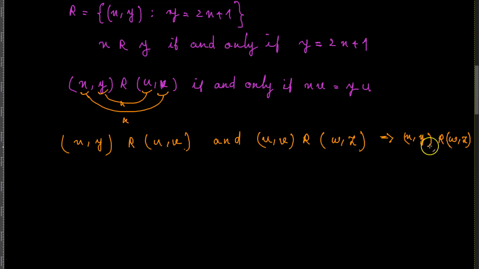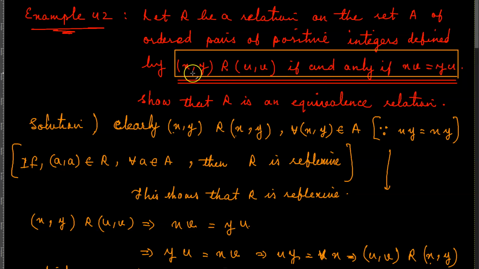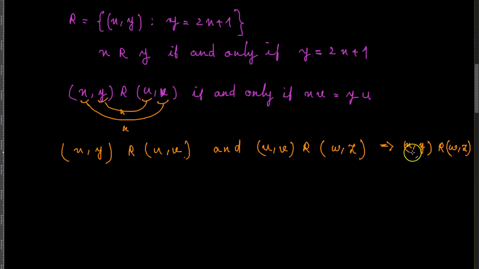So if I want to show that (x, y) is related to (w, z) based on this rule, where (x, y) is related to (u, v) under the condition that x times v is equal to y times u, that means I have to show that x times z is equal to y times w, right?